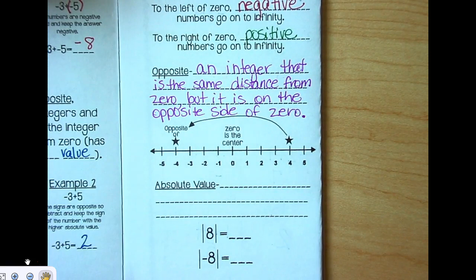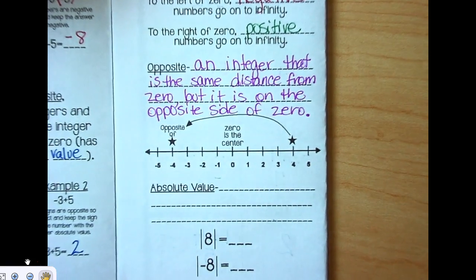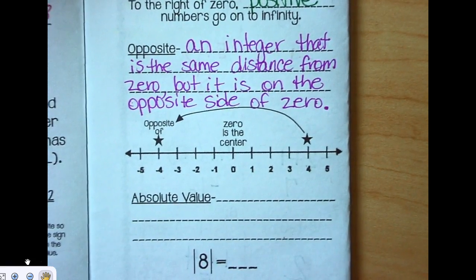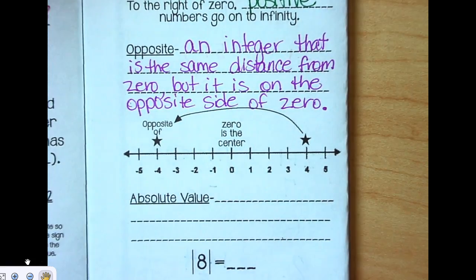If you're having trouble reading anything, you can raise your hand and ask me. I don't have the neatest handwriting. Opposite is an integer that is the same distance from 0, but it is on the opposite side of 0.